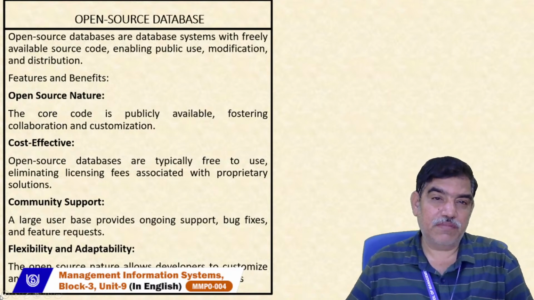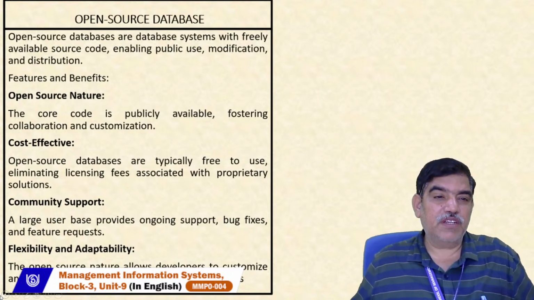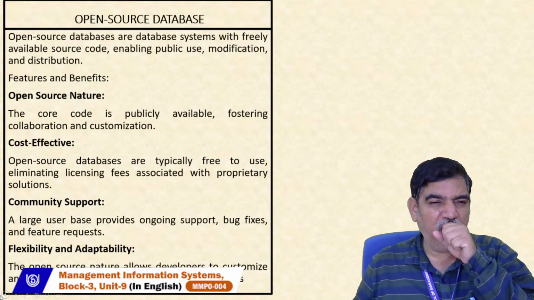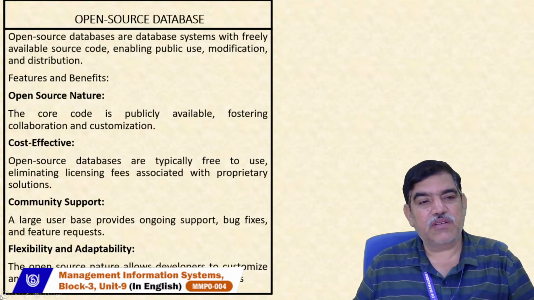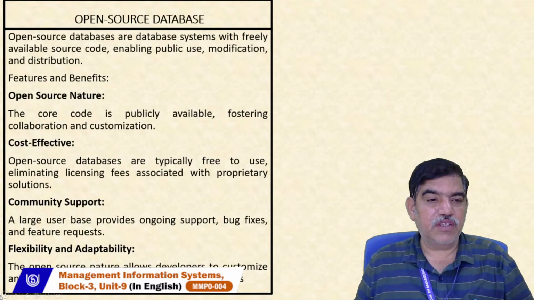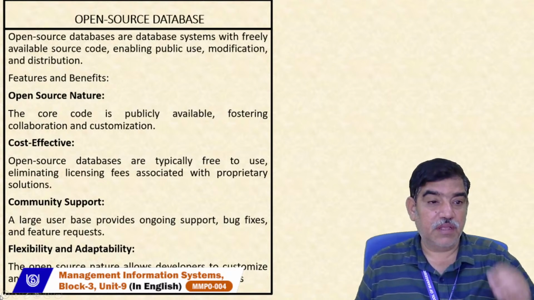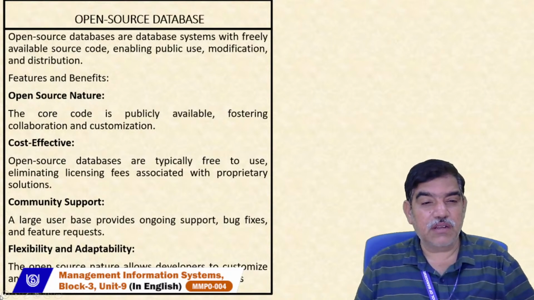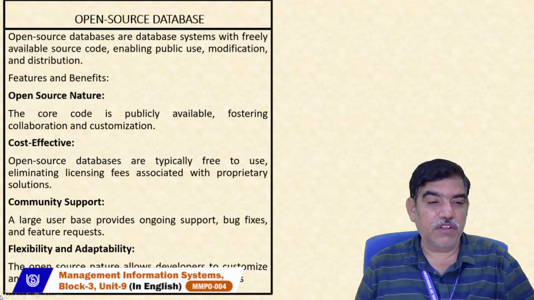Now, the features and benefits. Open source nature. The core code is publicly available, fostering collaboration and customization. Then cost effective. Open source databases are typically free to use, eliminating licensing fees associated with proprietary solutions.